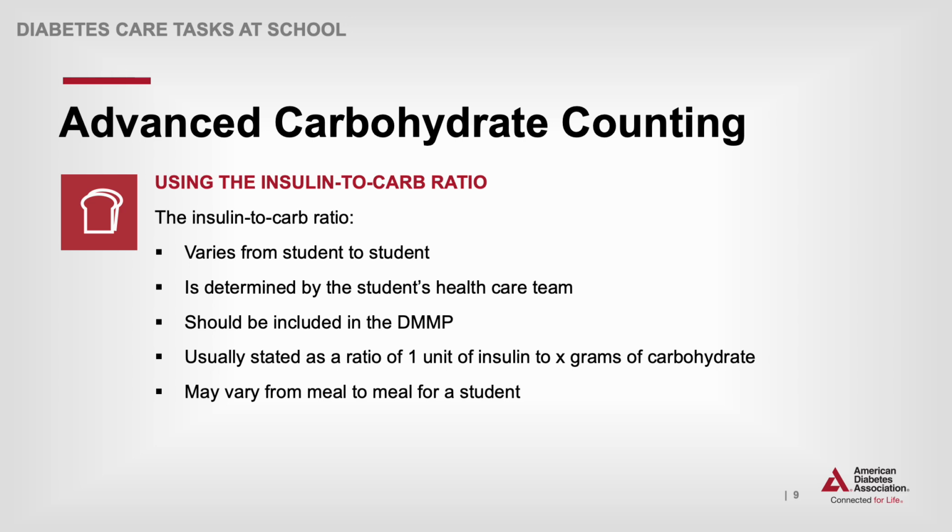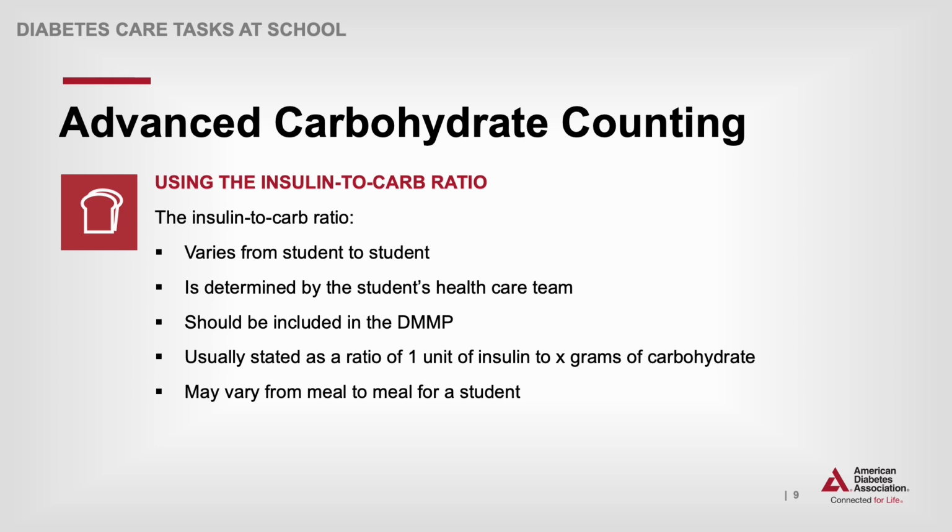The insulin to carb ratio method is used most often by students who are trying to maintain tight control, students who use multiple daily injection insulin plans or insulin pumps, older or more independent students, students who are picky or unpredictable eaters.